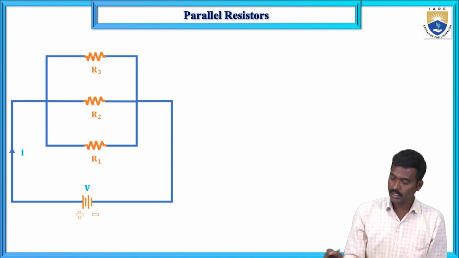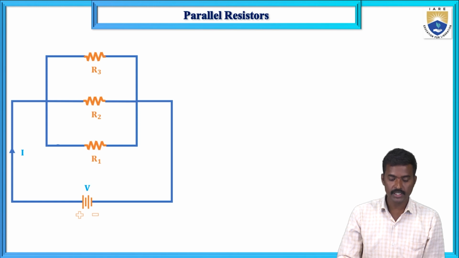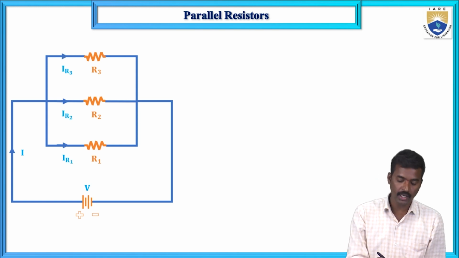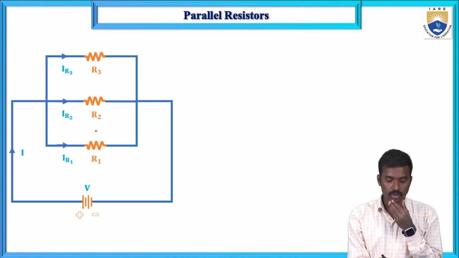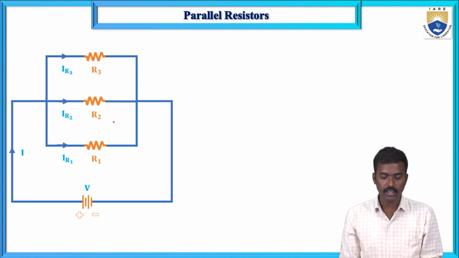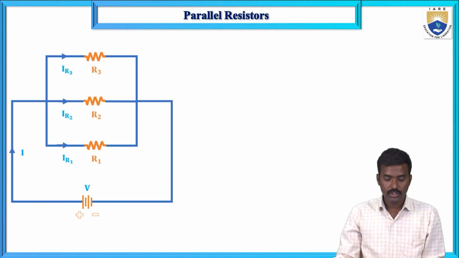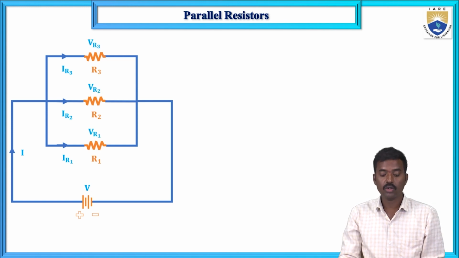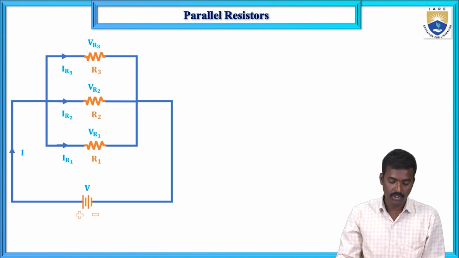The current divides in the parallel branches, so the currents are IR1, IR2 and IR3. IR1 is the current in R1, IR2 is the current in R2 and IR3 is the current in R3. VR1, VR2 and VR3 are the voltages across R1, R2 and R3 respectively.